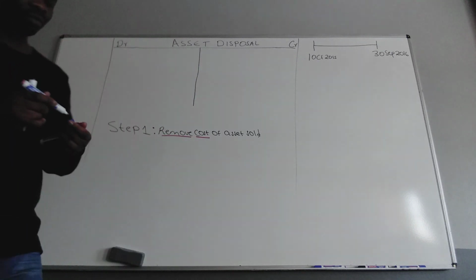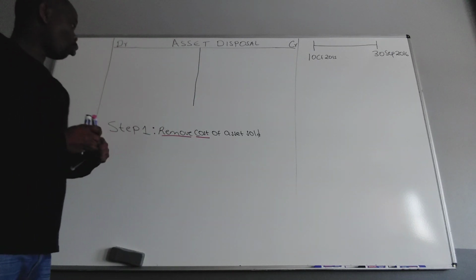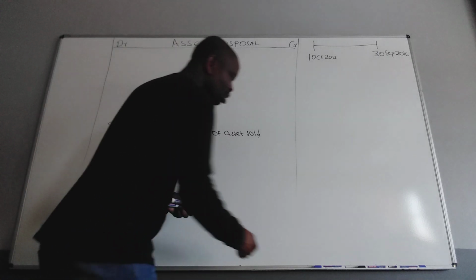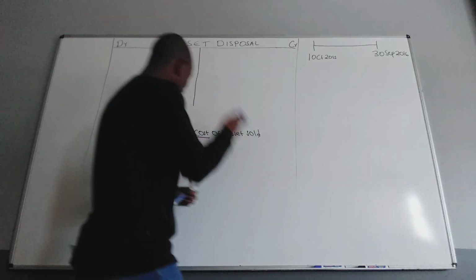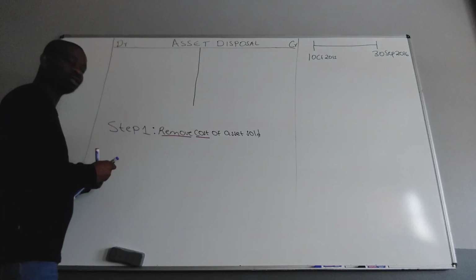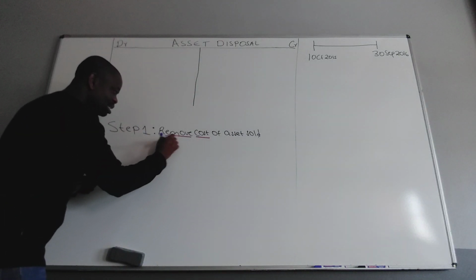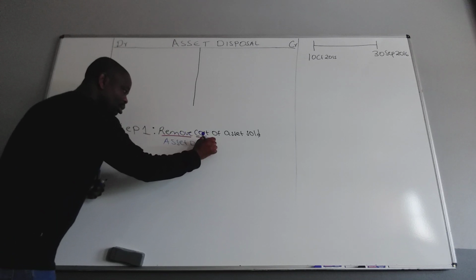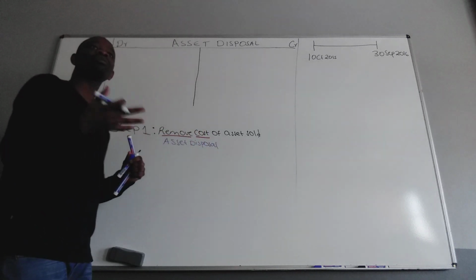Okay? Now, what are the 2 accounts for this, if I may ask? The 2 accounts, remember I said one account must always be obvious here? Asset. Meaning one account is going to be asset disposal. It was sold cash, so I think it's going to be bank. Remember, we're not doing the selling price, we're doing the cost.